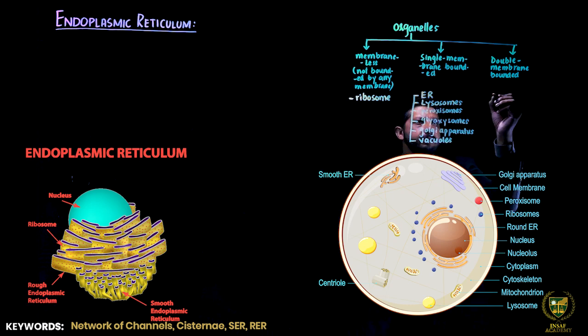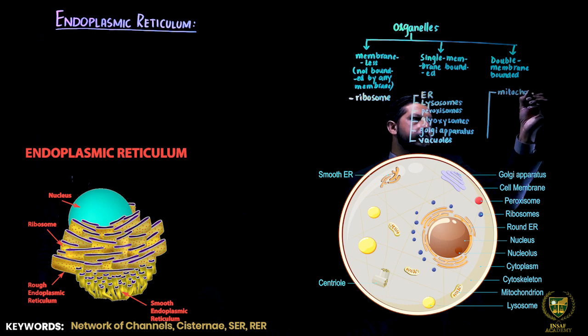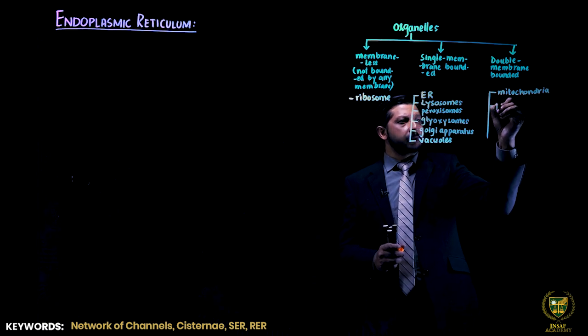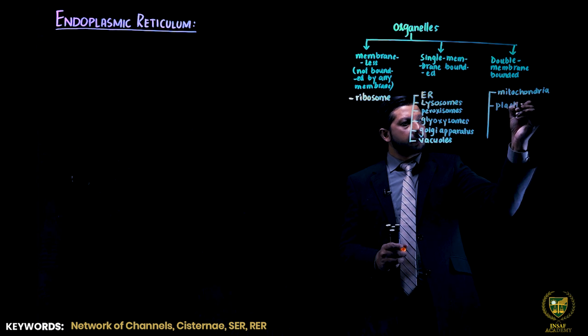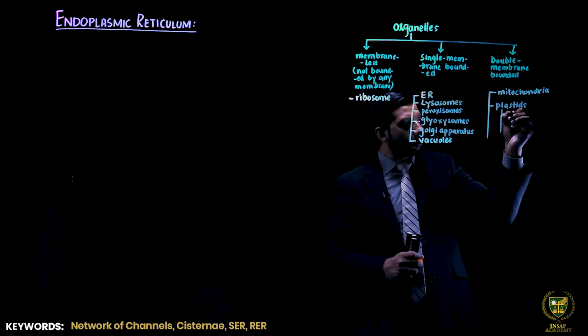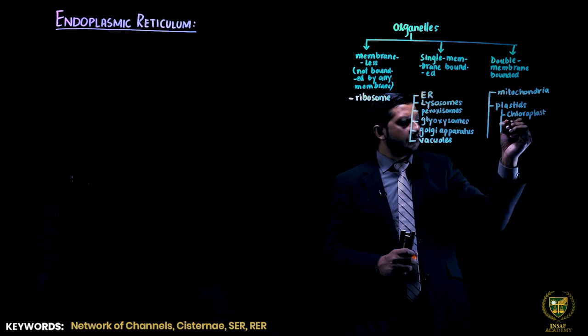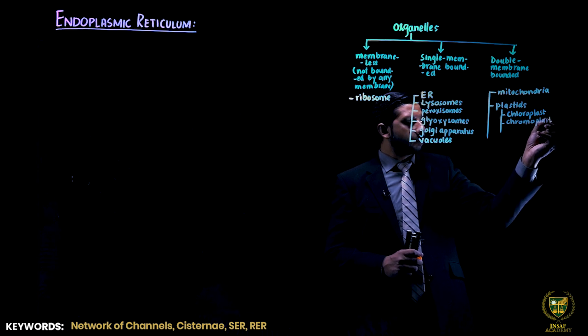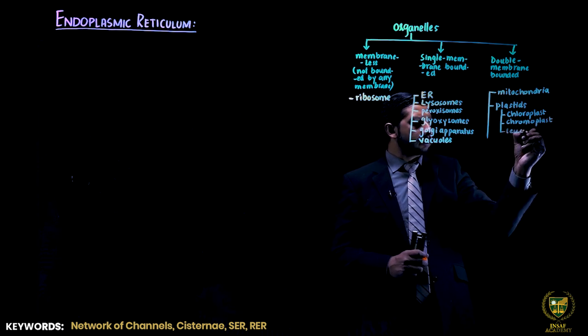And as far as the double membrane bounded organelles are concerned, we will discuss, inshallah, number one, the mitochondria. Number two, the plastids, in which we will discuss chloroplast, chromoplast, and leucoplast.